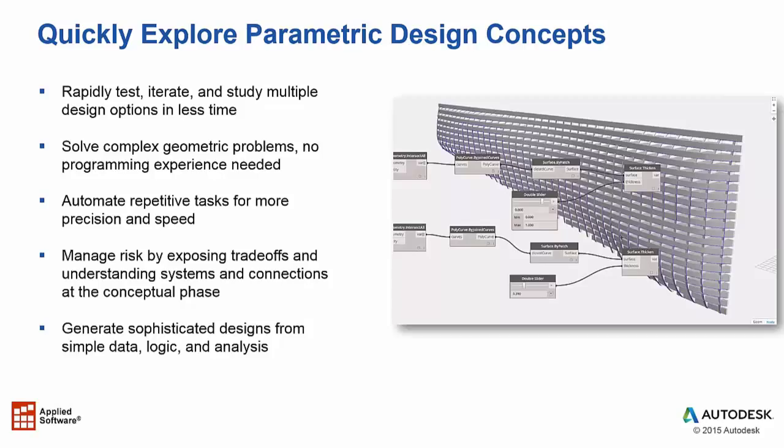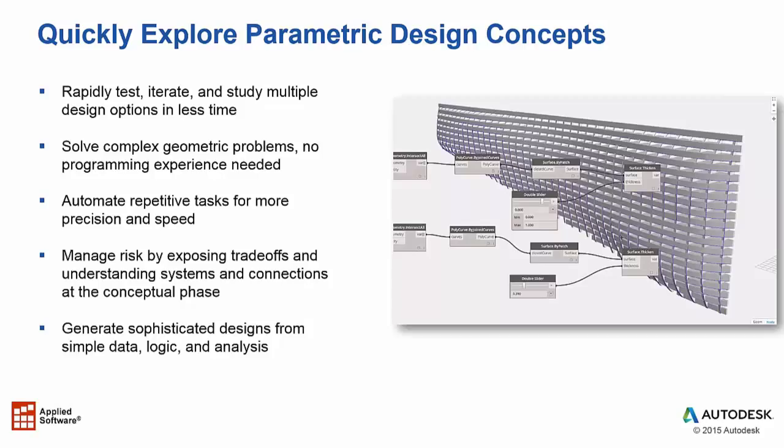When it comes to complex geometry, it's solving the complex geometry problems without programming experience, and that is huge, because most of us are not computer programmers and will need a more simplified tool to access the Revit API. That's exactly what Dynamo does. It accesses the Revit API, or the programming language of Revit, without the need of programming experience.